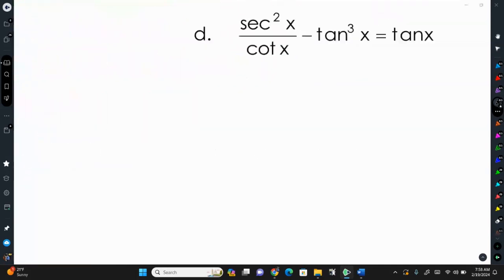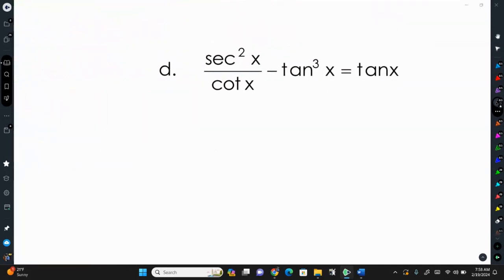Now, letter D, we have secant squared x over cotangent x minus tangent to the third power x equals tangent to the first. So again, I know at some point my squared terms have to cancel out.